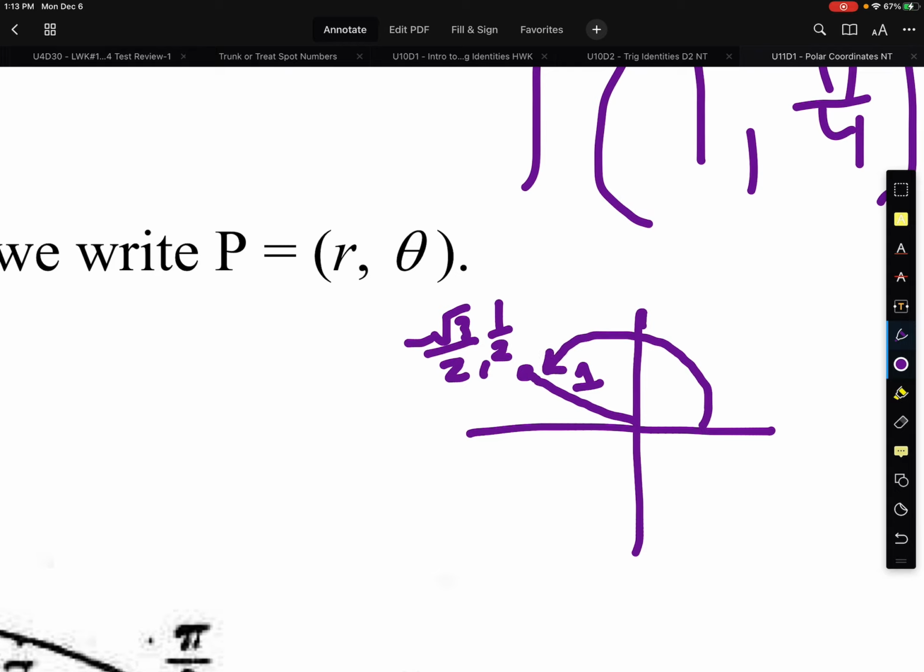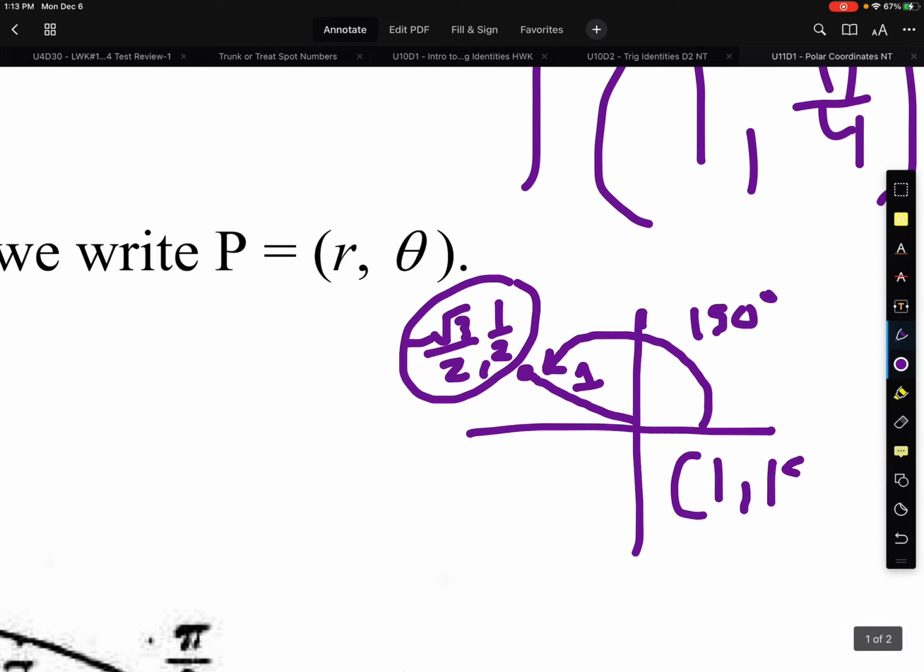If I got negative rad 3 over 2, comma, half, we're talking about a reference angle of 30 degrees, so we're talking 150. So the point negative rad 3 over 2, comma, half, can be written as 1, comma, 150 degrees, or we could write it in radian form, whatever works, whatever the problem is telling us.